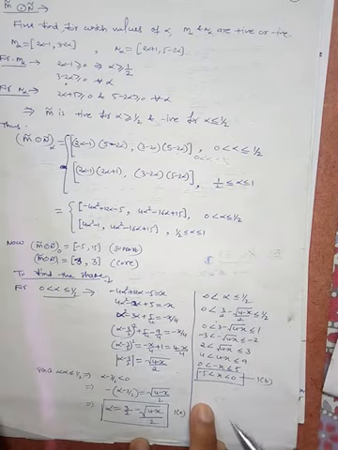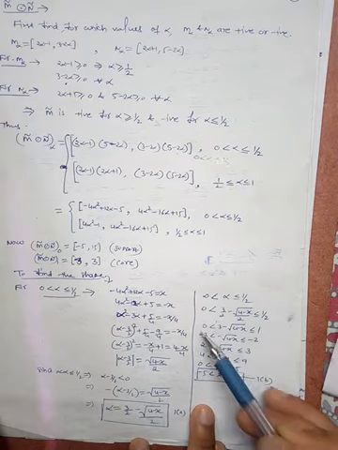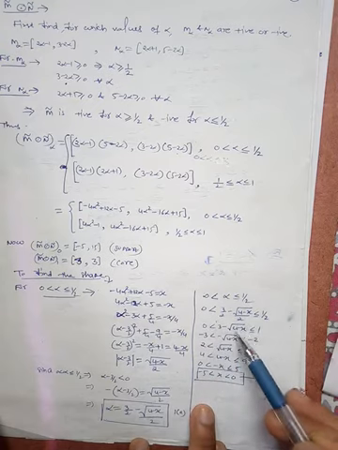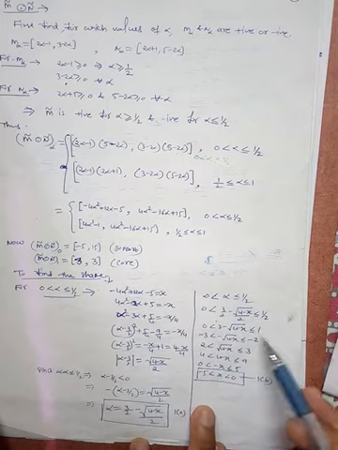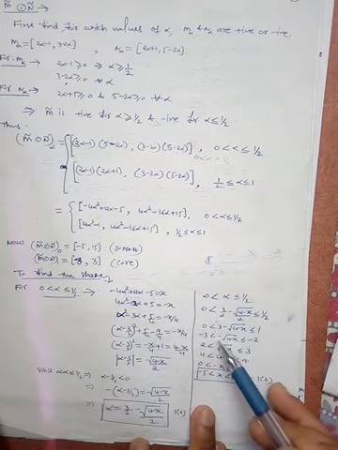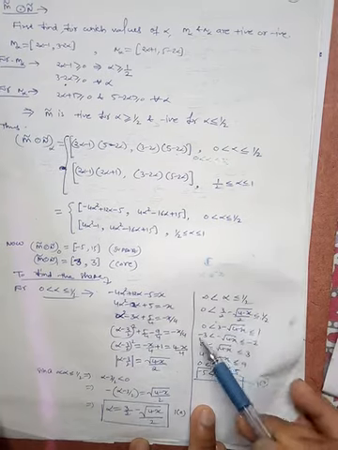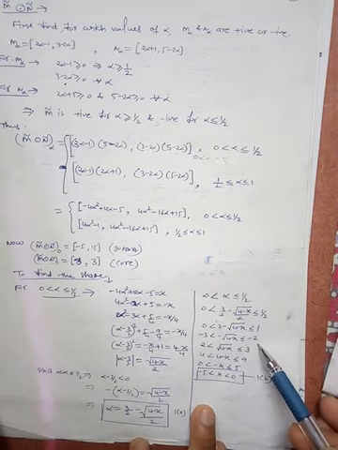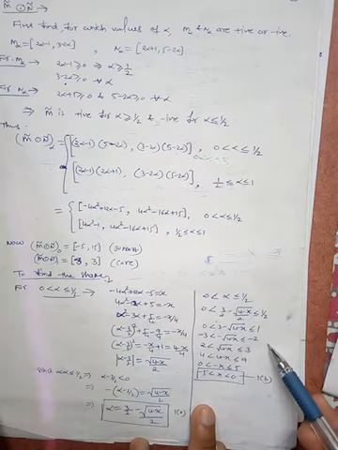After simplification, first we will multiply the quantity by 2. So 0 is less than 3 minus square root of (4 minus x) is less than or equal to 1. Then subtract 3. So minus 3 is less than minus square root of (4 minus x) is less than or equal to minus 2. Then multiply by the minus sign, so this will become the left hand side and this will become the right hand side, because we multiplied by minus.